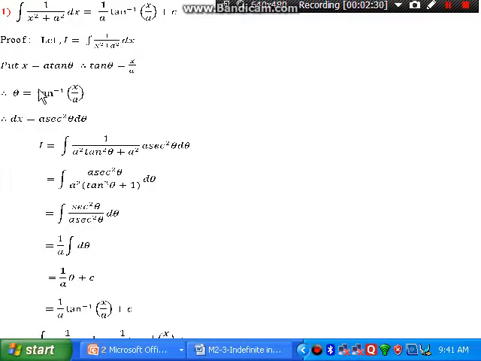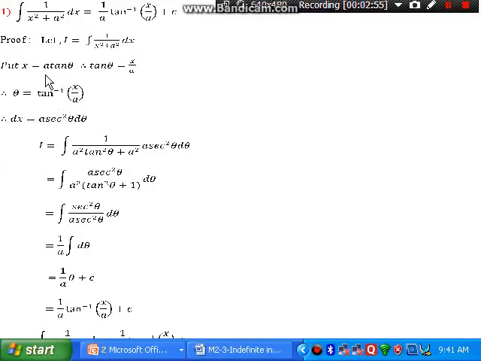That property is also given in your textbook. So when you see the video, that time you have to compare your textbook also. So we have to find out the value of theta here. Tan theta is equal to x upon a. So theta is equal to what? Tan inverse of x upon a.